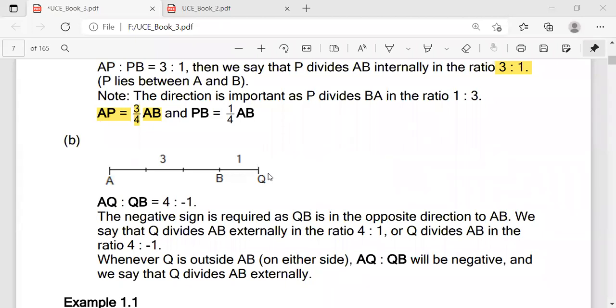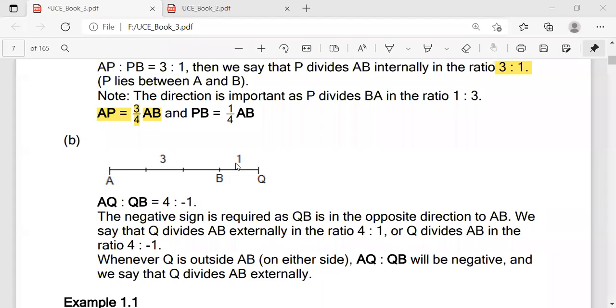And we can see that from A to Q is 4. What about QB? What is QB? -1, because we are moving from Q to B. We are changing the direction. And once we change the direction, then it becomes a negative.